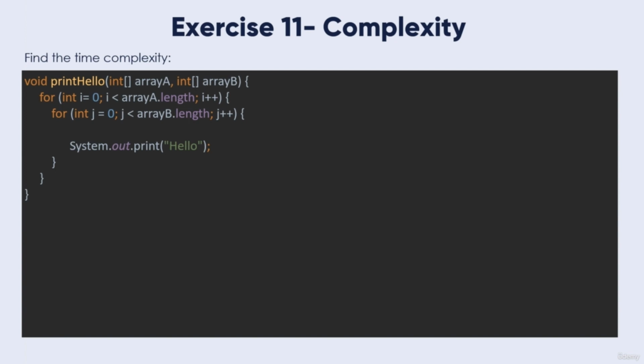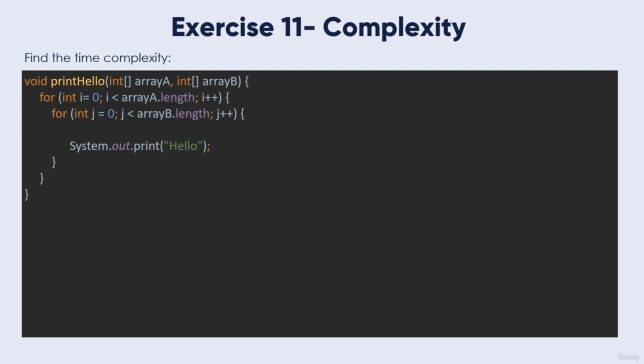Know that solving exercises like these will help you master this subject in your university and crack the interview. Okay, so let's begin solving. We have here the void printHello with the arrays.